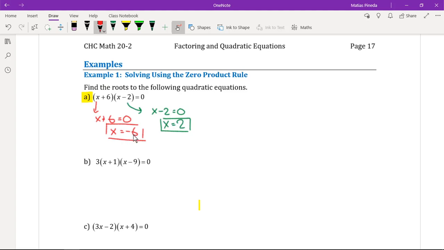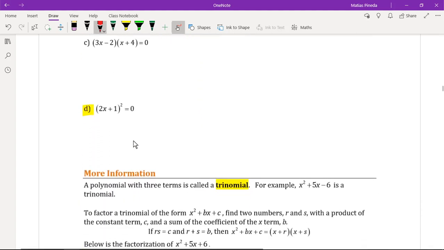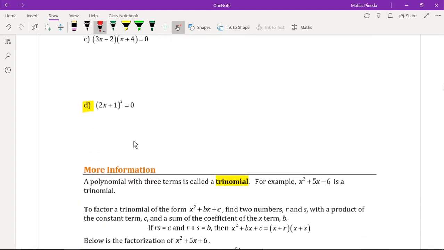I'm not going to do all of the questions. I have done A, and I'm going to do D as well. In this situation, we have a binomial that's being squared. This is the same thing as 2x plus 1 times 2x plus 1 equals 0. The zero product rule says that if either one of these is 0, then the left-hand side will equal 0.